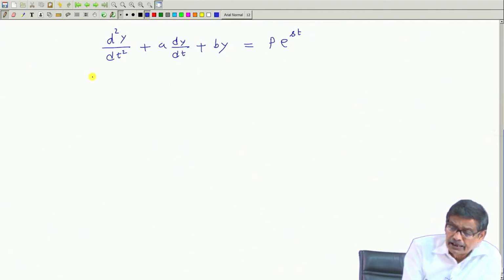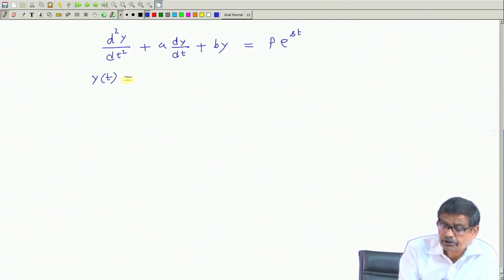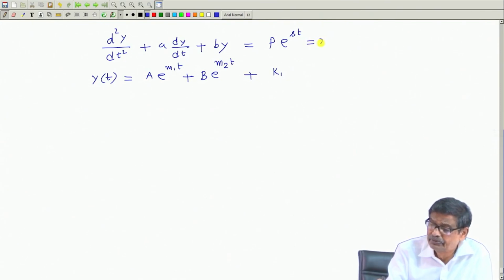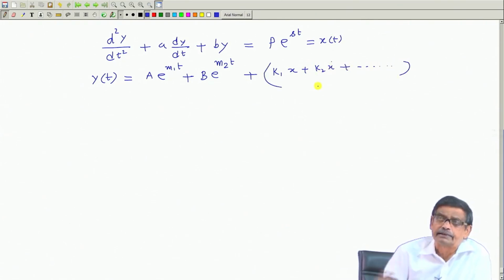What was the solution I was telling earlier? From our earlier work, the total solution will be a into e to the power m 1 t, that natural response, plus b into e to the power m 2 t, plus then we learned the particular part in terms of x and its derivatives. But I am now telling something new.